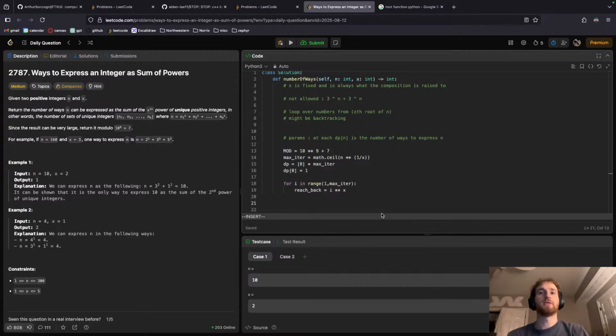Like, okay, we have 10 raised to the 1/2, which is going to be what, 4? Ceiling of this.